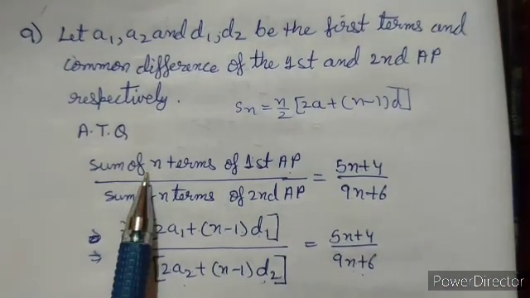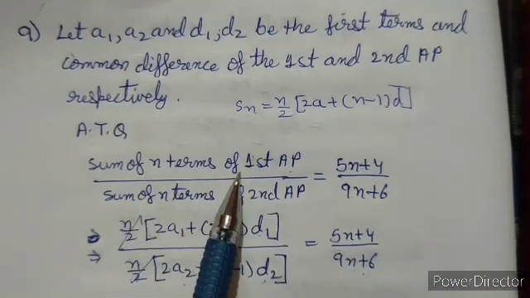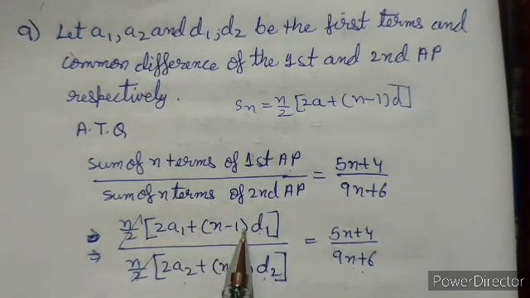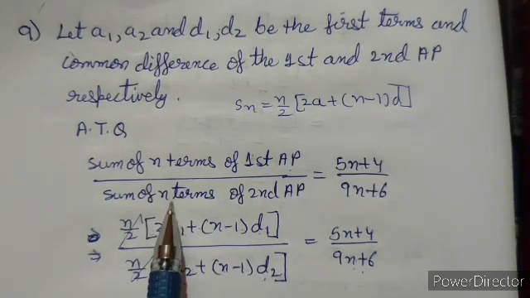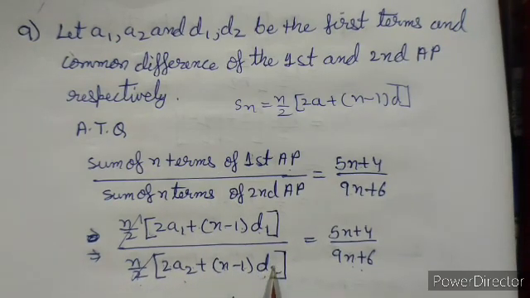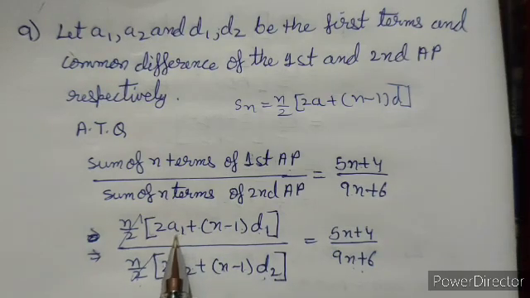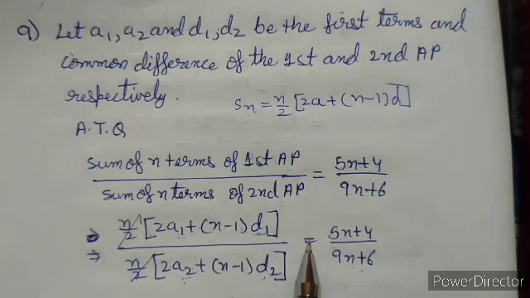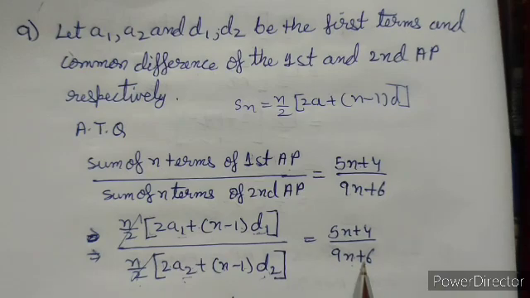So here the sum of the n terms of the first AP will be n by 2 into 2a1 plus n minus 1 d1, and the sum of the n terms of the second AP will be n upon 2 into 2a2 plus n minus 1 into d2, as the first term of the first AP is a1, the common difference is d1, and the first term and common difference of the second AP are a2 and d2, and that is equal to 5n plus 4 upon 9n plus 6, which is given to us.